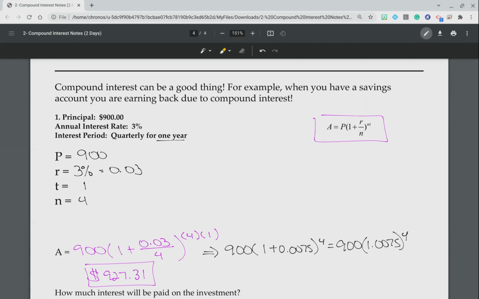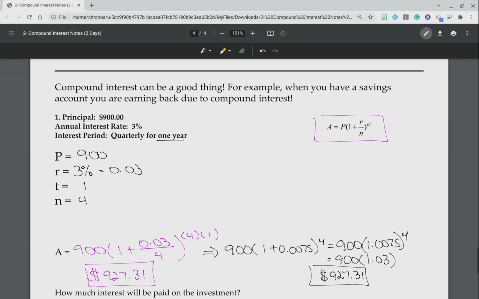So take 1.0075, raise it to the 4th power, and you get 1.03. Then 900 times 1.03, and again, you should get about the same number, $927.31.